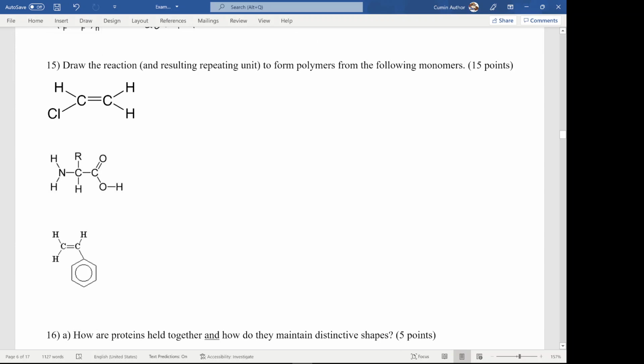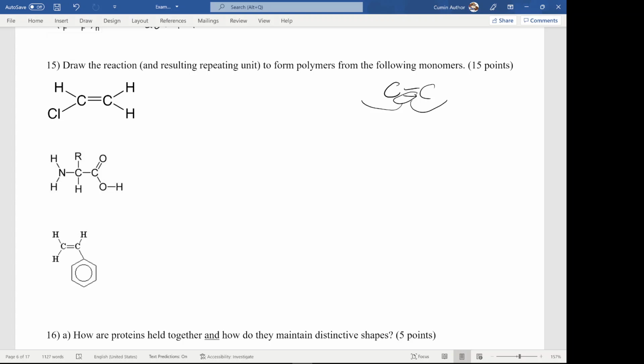Now we're coming at it from the opposite direction. Draw the reaction and the resulting repeating unit to form polymers from the following monomers. Now, from here, there's some other ways we can think about it. So an addition reaction always, in our cases, needs a carbon-carbon double bond, because that double bond is going to get sacrificed to cause the reaction.